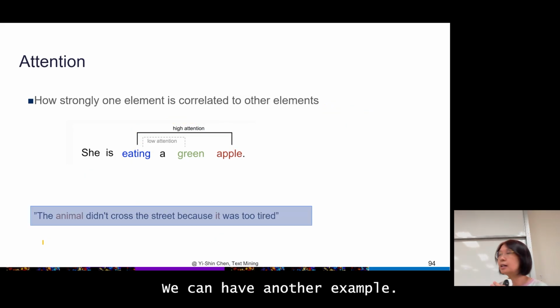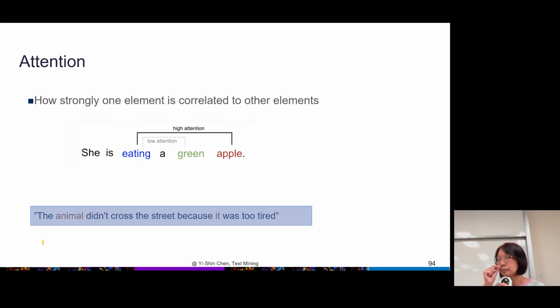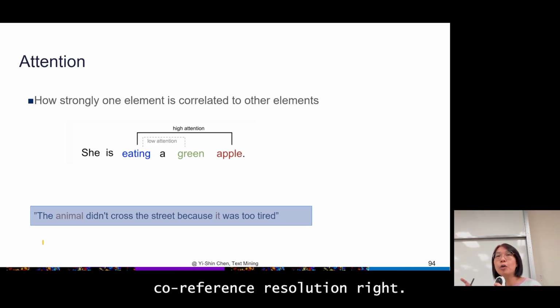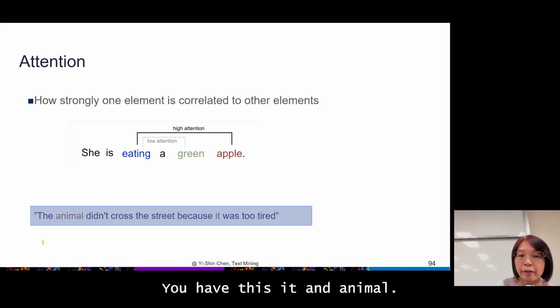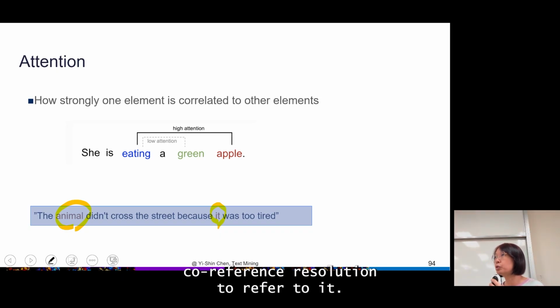We can have another example: the animal did not cross the street because it was too tired. You can see here the coreference resolution. You have this word it and an animal. In traditional NLP techniques, we need to utilize coreference resolution to refer to it.